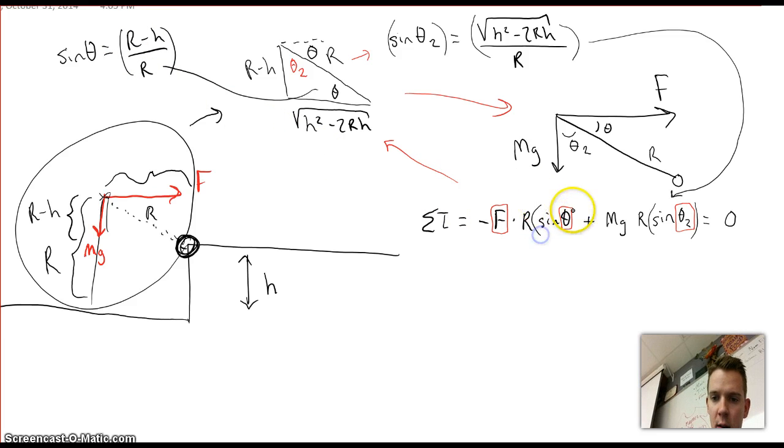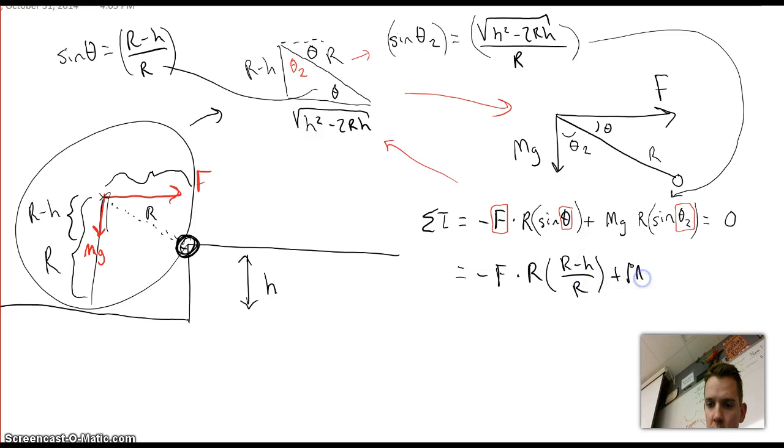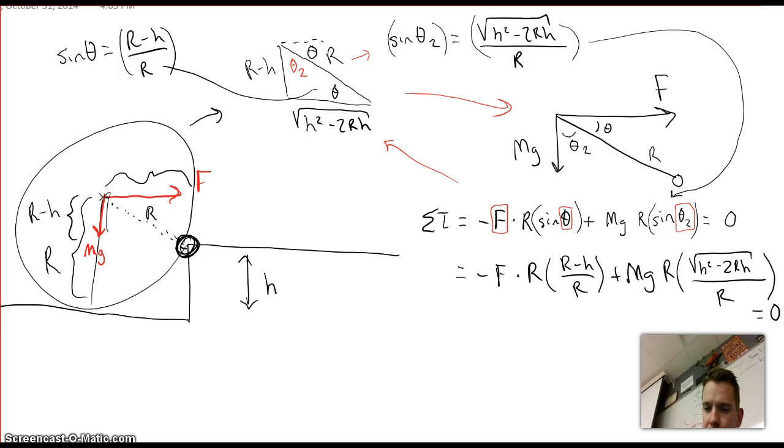So let me rewrite this, plugging in those values for sine theta and sine theta 2. Watch what happens. Minus f times r times (r minus h) over r plus mg times r times that mess, the square root of h squared minus 2rh all over r, and that's all got to equal 0.